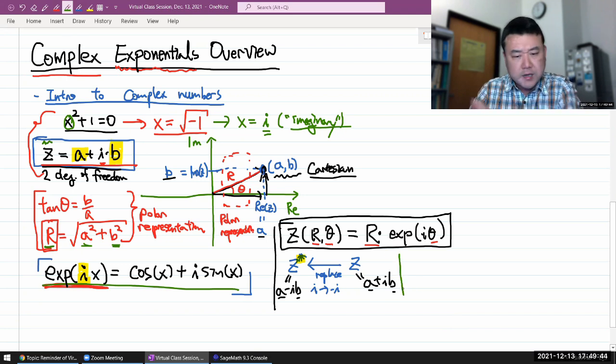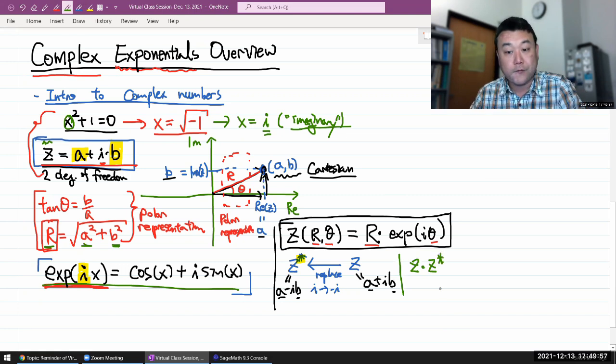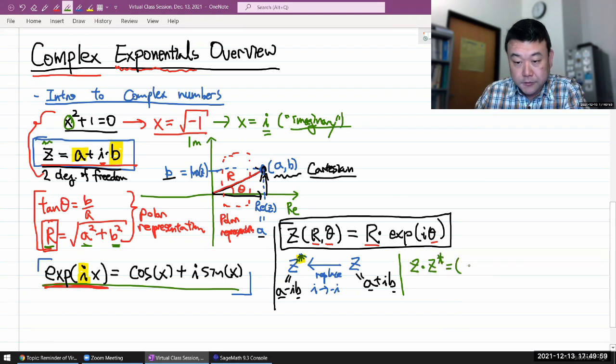So let me just do this calculation. No one can stop me from just doing a little bit of algebra, of taking the complex number and multiplying it with its complex conjugate. I can just do it for fun. That's equal to a plus ib times a minus ib.